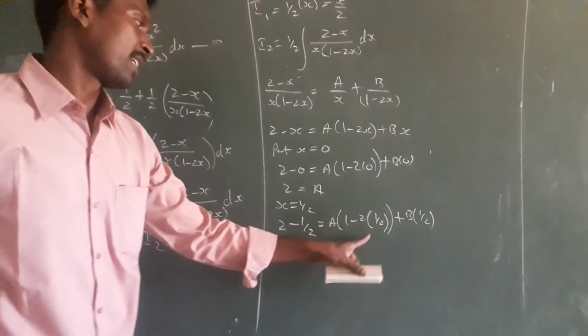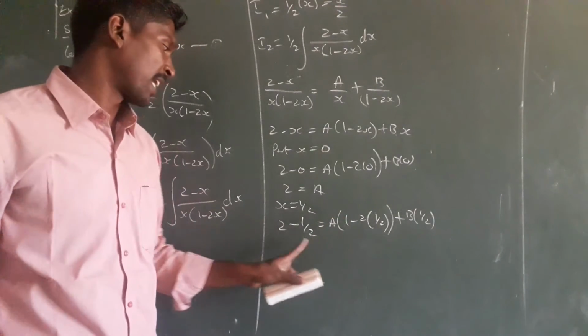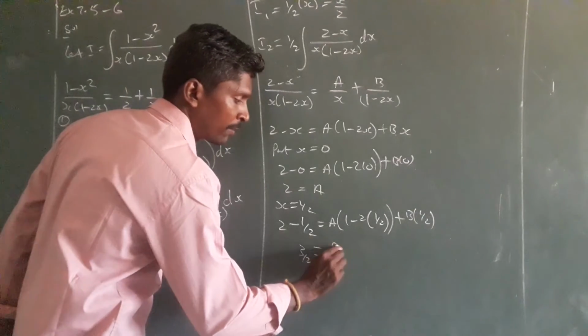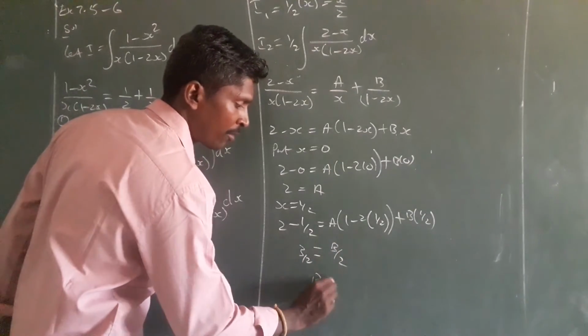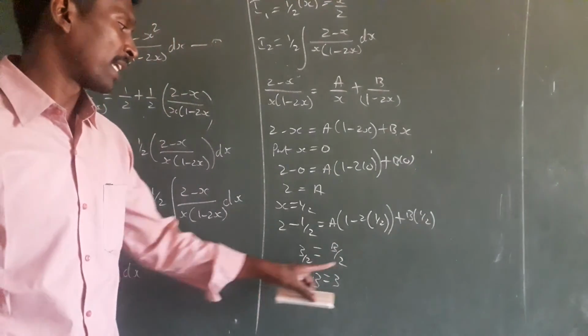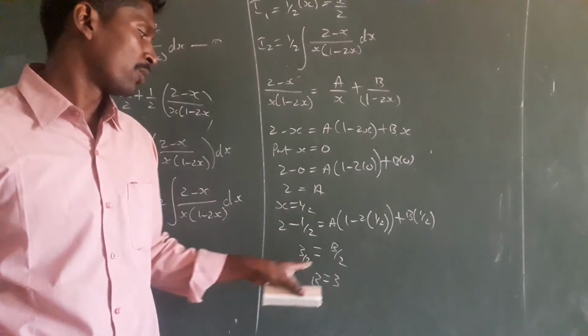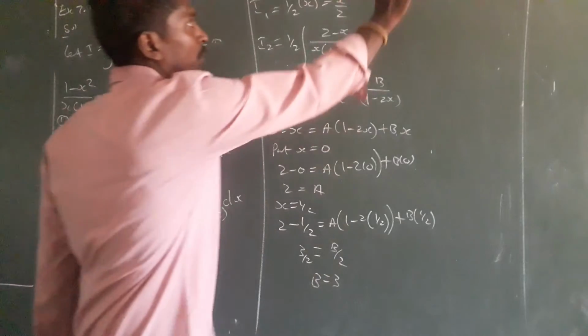So 2 cancels, the entire a term becomes 0, and cross multiplying, 4 minus 1, 3 by 2 will come. So 3 by 2 equal to b by 2, so b equal to 3.